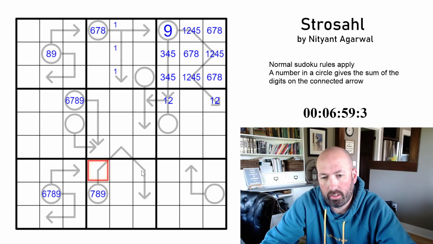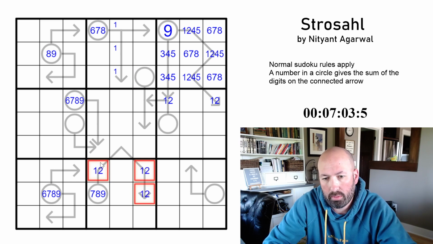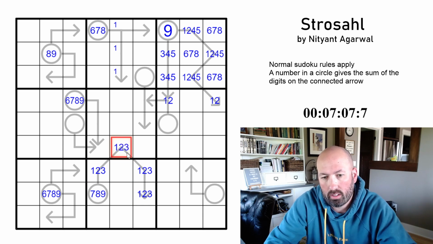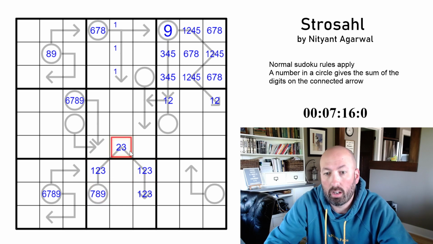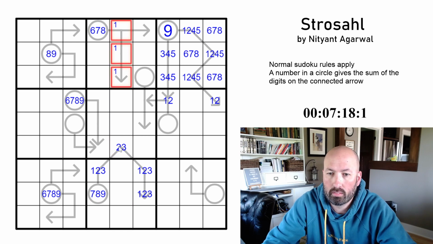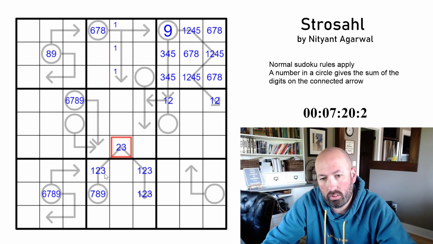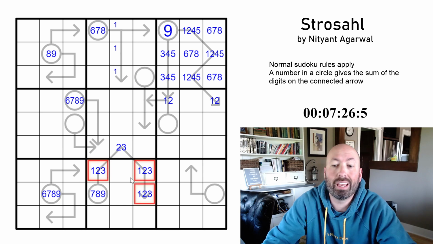Okay, what about down here? This is a minimum of 6. So this could be up to 3. 1, 2, 3 with a 3 would be 9. It can't be a 1, though, because of that. So if this is 2, this can't be 6 then. No, it can. Yeah, it can. This can't be 8, actually.